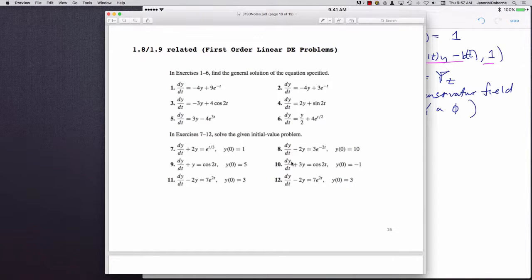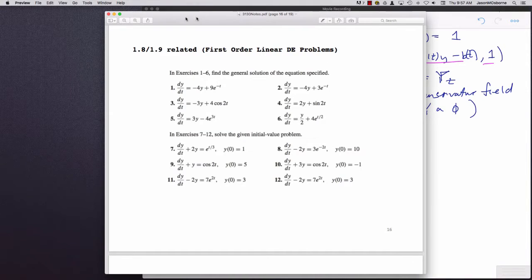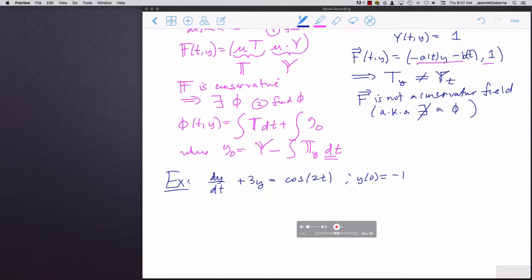So why don't we go ahead and try to solve the specific equation dy/dt plus 3y is equal to cosine of 2t. And we know that the function evaluated at 0 is -1. That's the initial condition. Okay, so here's a problem we will try to work through.